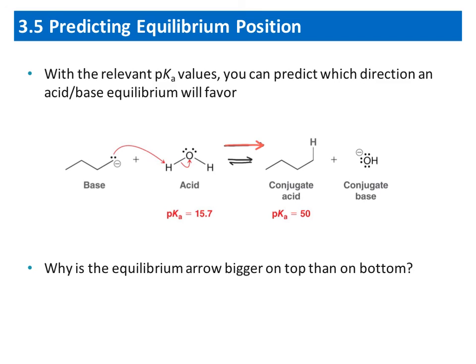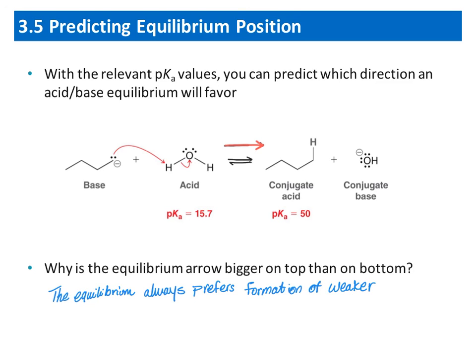The answer for that is equilibrium always prefers the weaker acid.